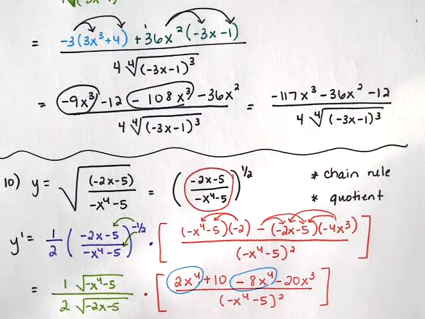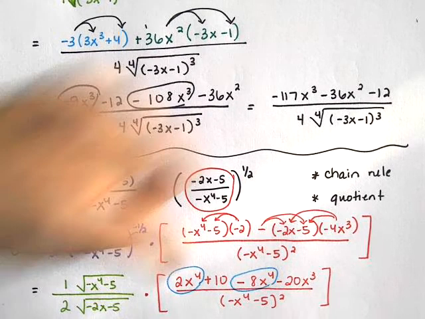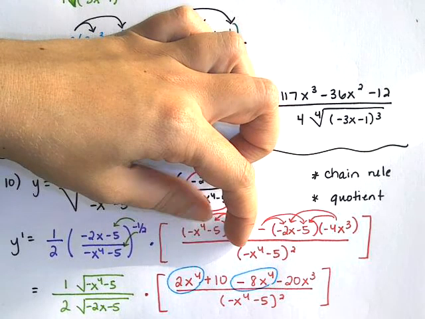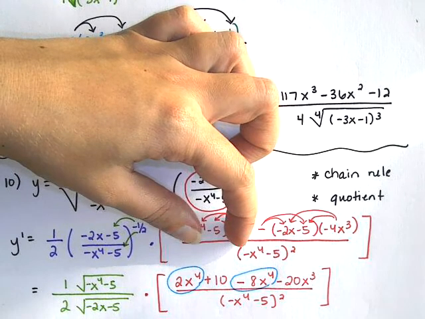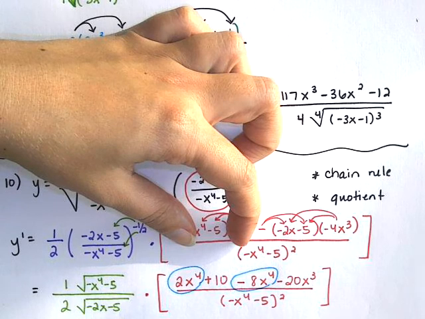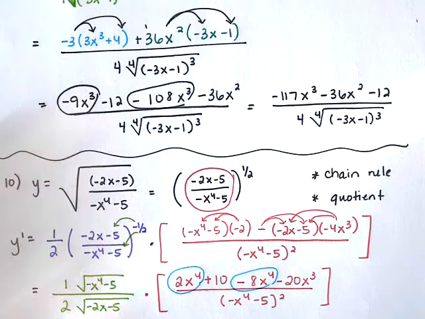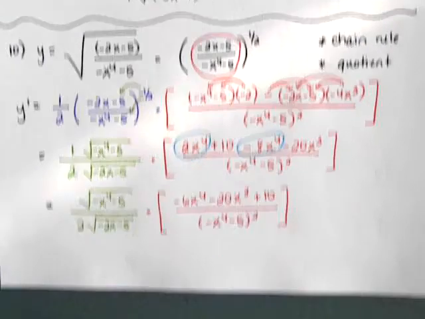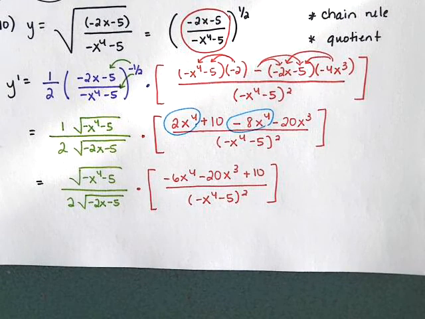And then I'm going to have negative 6x to the 4th minus 20x cubed plus 10 all over this guy squared. Now, we have rules about multiplying fractions. Oh, you can't see anything I just wrote down. Let me just take a second and let you copy that down.